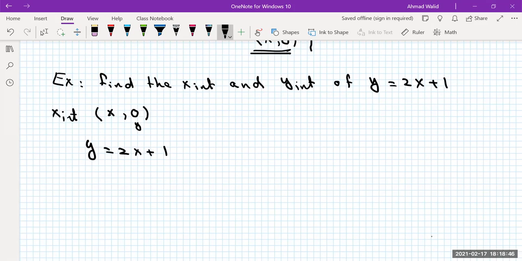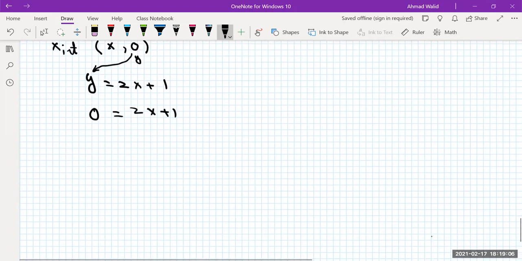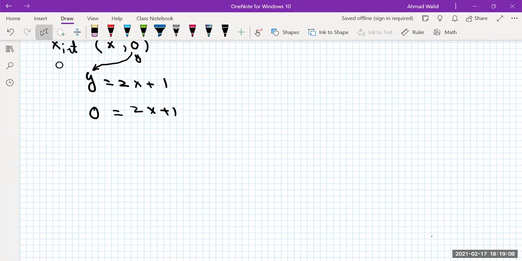How much is the value of y at the x-intercept? 0. Replace this value here. Then 0 equals 2x plus 1. Now you end up with a linear equation, correct? Everyone knows how to solve it, or in the next topic, section 1.2, I'll explain how you can solve a linear equation.